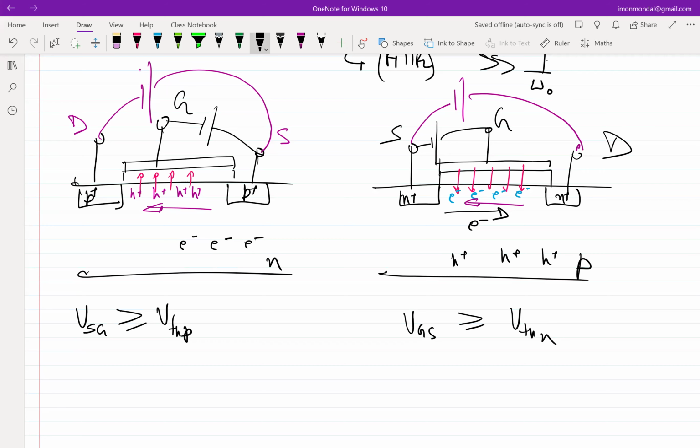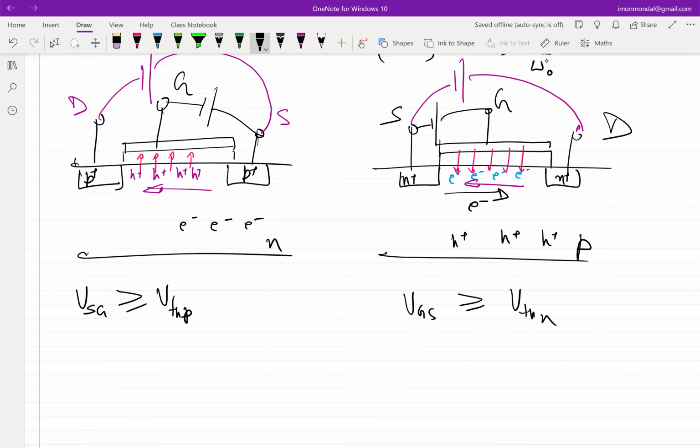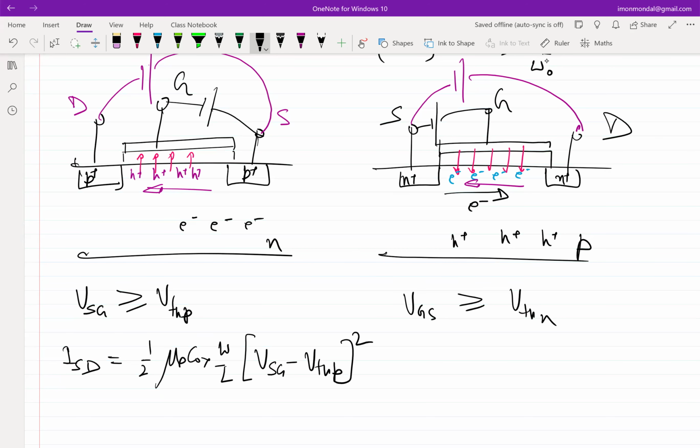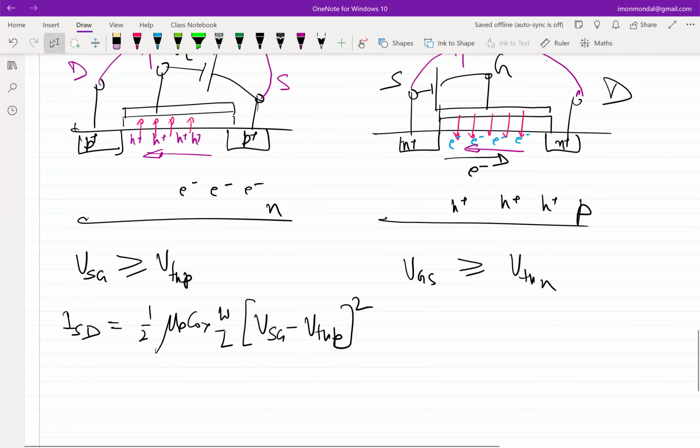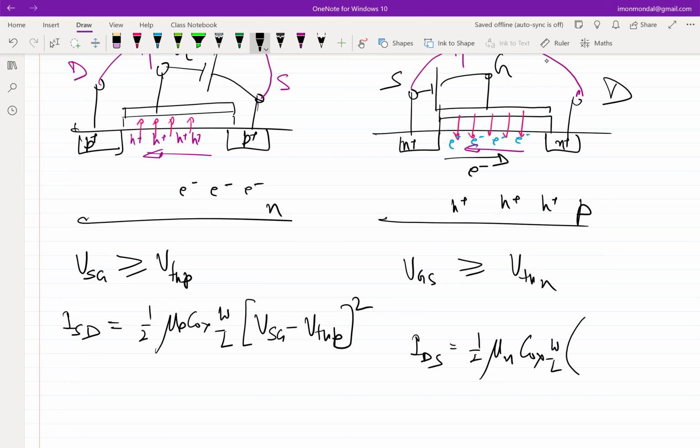Similarly, the current equation in the case of a PMOSFET device, the current from source to drain, was half mu P Cox W by L times (VSG minus VTH) whole squared. In the case of an NMOSFET device, it will be IDS, because the same current flows from drain to source even though the carriers flow from source to drain. This becomes half mu N Cox W over L times (VGS minus VTH) whole squared. So this is the NMOSFET.